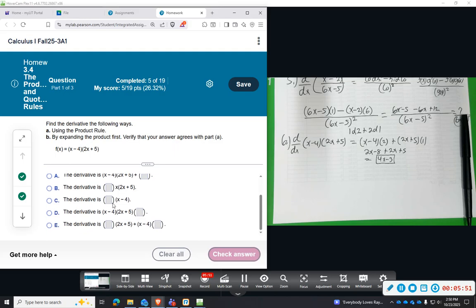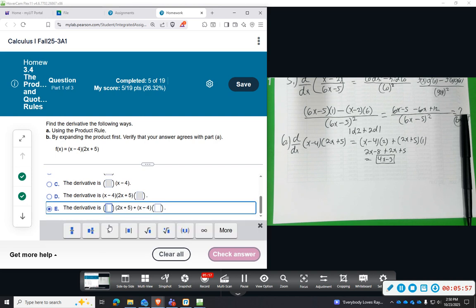There we go, we got some more options that I wasn't seeing. So 1 will go here. 1 times the 2x plus 5, again, let's do it the opposite way I do it, and then plus the x minus 4, and that will be times 2 using the product rule.